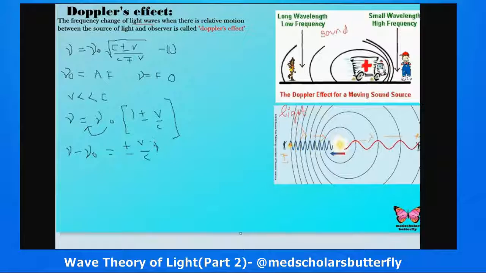We multiply on both sides. Taking f in the denominator, we get delta f upon f equals plus minus V by C. That is what our equation says in the Doppler equation.